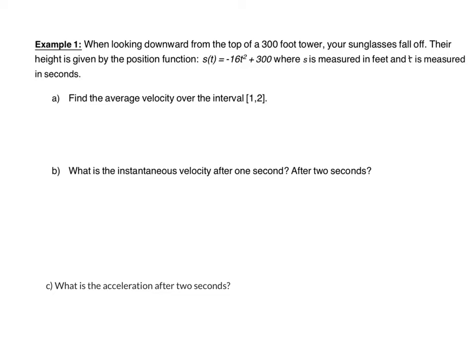I just want to make a side note. You don't need to write this one down, but just in case you're wondering, in physics, you might remember we found the position or the distance by doing d equals 1/2 g t squared. Actually, g is 9.8 meters per second squared.